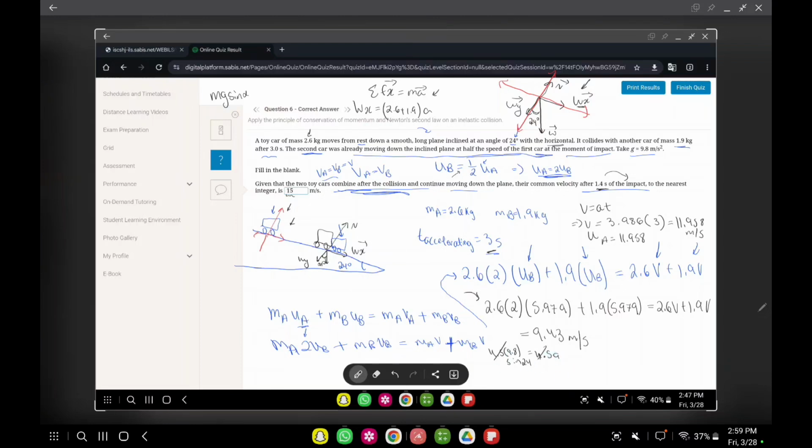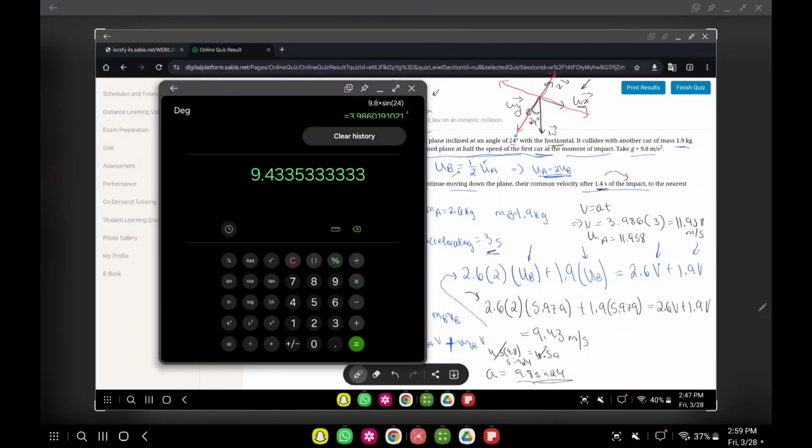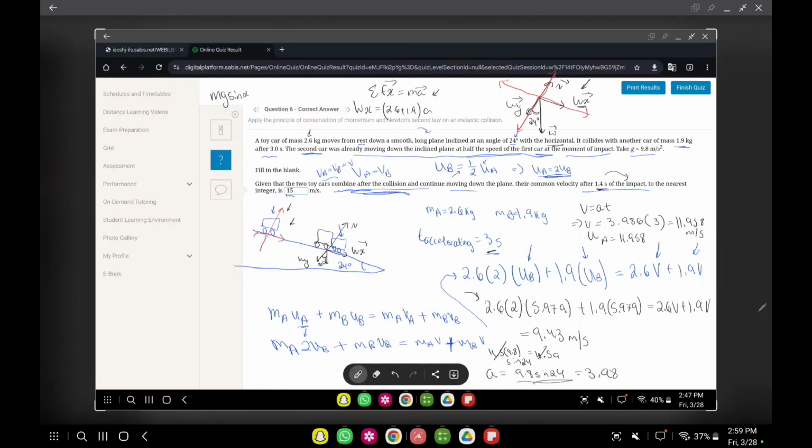Cancel 4.5 with 4.5, and you get a equal to 9.8 sine 24, which is the same acceleration that we found previously. 9.8 sine 24 was how much? 3.986. So now we know that it's accelerating at 3.986 meters per second squared.